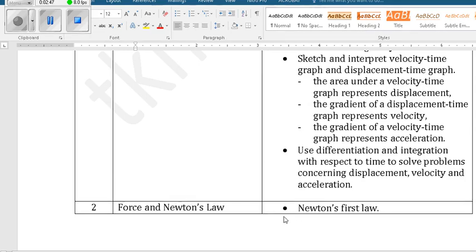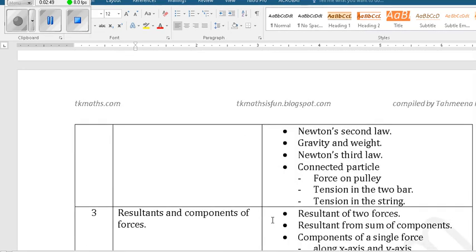Now Newton's first law, second law, third law, gravity and weight, connected particles. This is important. When we are talking about connected particles, you remember we are talking about pulley type questions, when two objects, for example a car and trailer, are connected, or connected with the help of a bar.